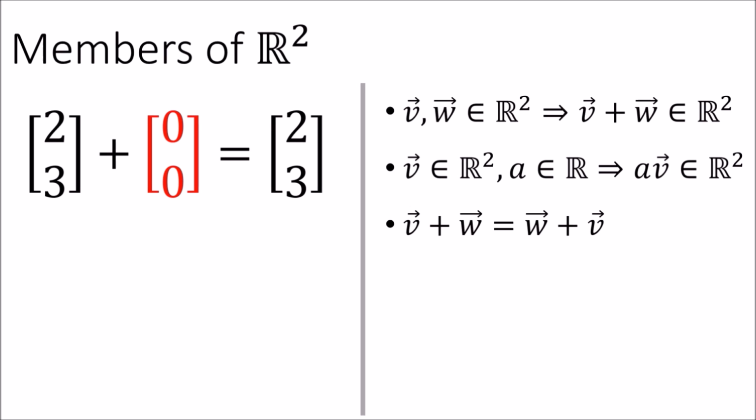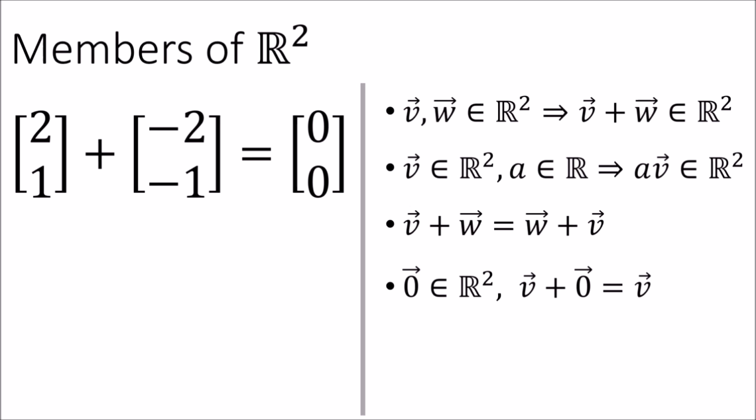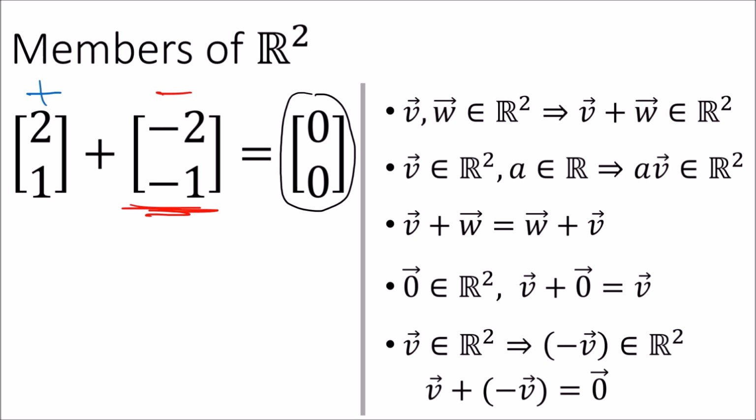We also find there's a special zero element in R2, where if we add a vector with the zero element, we get back the same vector, so that's another property. Also, we find each element has a negative version of itself, where if we add the positive version and the negative version together, we get the zero element.